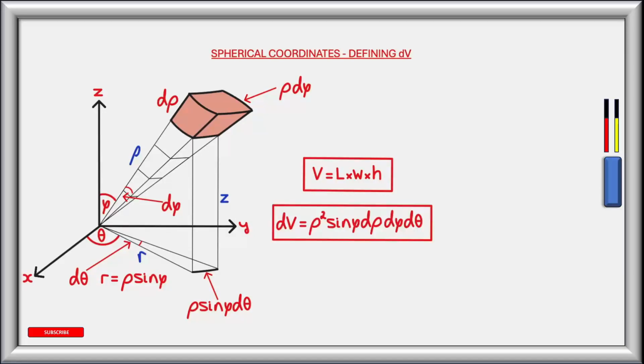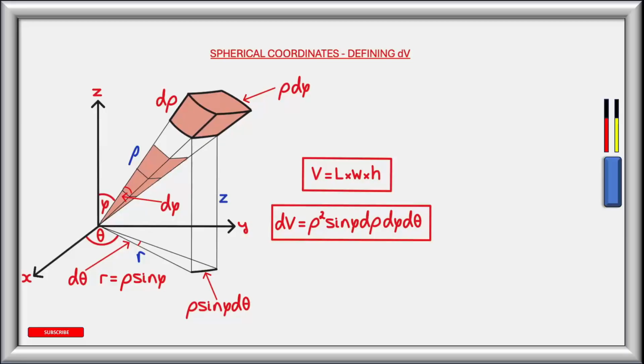If we multiply these dimensions together, we see that dv is equal to ρ squared multiplied by the sine of phi, dρ dφ dθ. And we sum all these infinitesimally small pieces of volume using triple integrals to get the total volume.